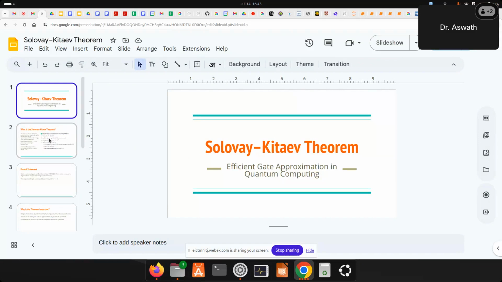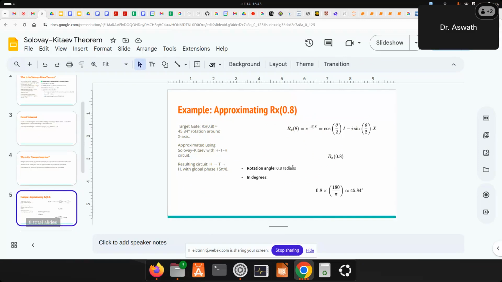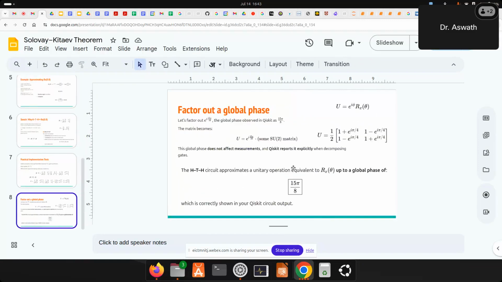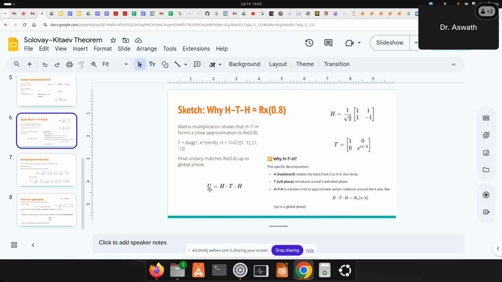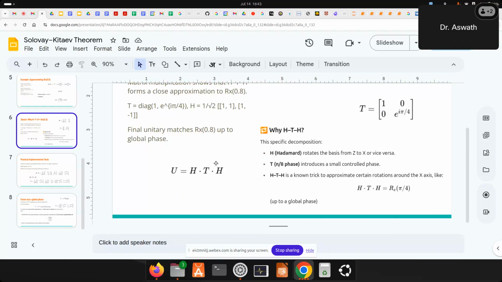Using this theorem, you can realize, for example, this statement. Let me enlarge this slightly. Any unitary gate can be expressed in terms of existing fundamental gates like the Hadamard gate and the T gate and the Hadamard gate.